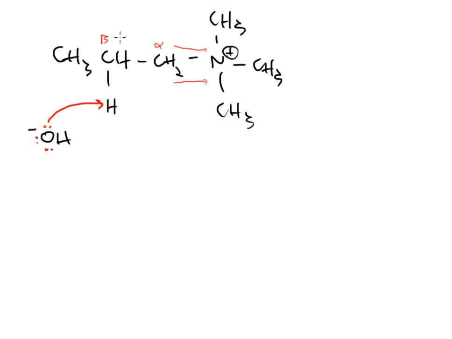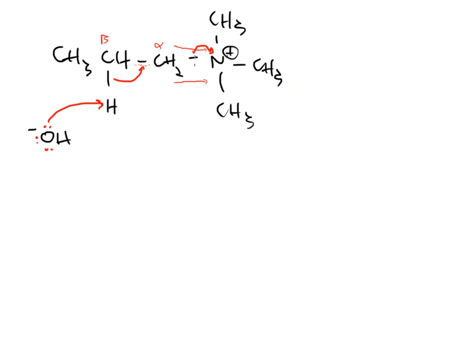And what happens is that the hydroxide pulls off a beta hydrogen. The beta hydrogen says, okay, bye-bye. And these electrons, carbon takes and shoves them up here to form that double bond that we see get created. And then this carbon says, okay, fine, nitrogen, go away.